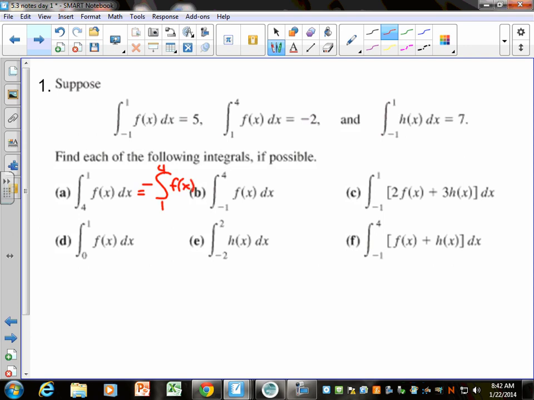If that's that property, that first property I gave you. So if you notice that you can switch the numbers around, all you have to do is change the sign, really. So this would become negative of -2. Or you would just say, oh, I switched it around. It's the opposite of -2, which would be +2.